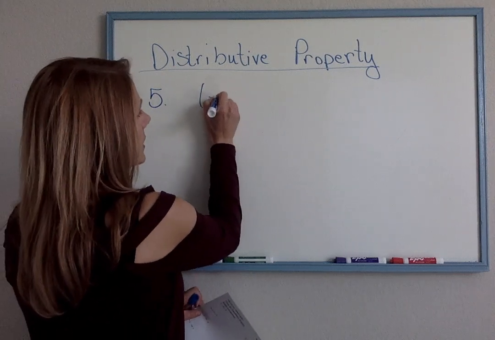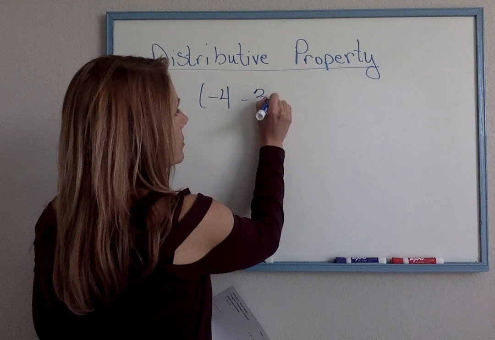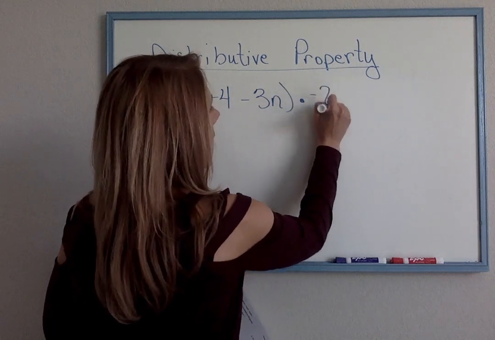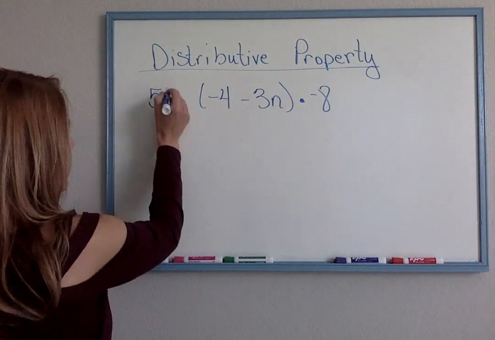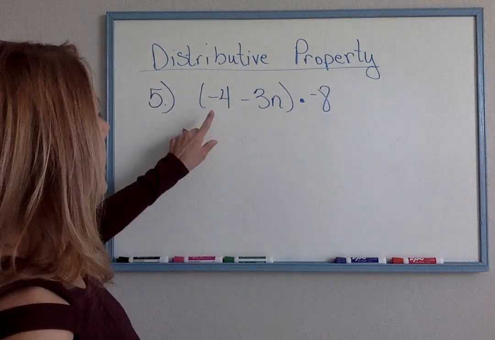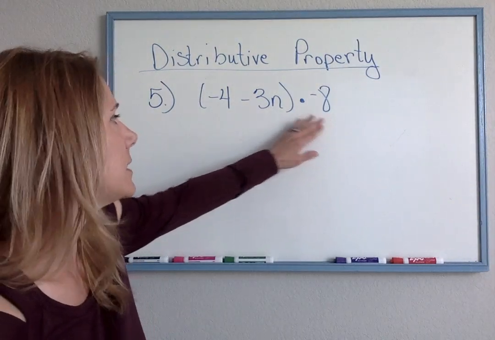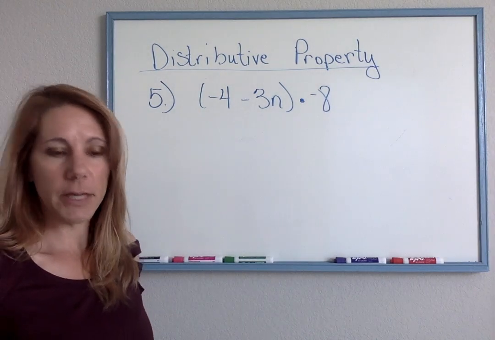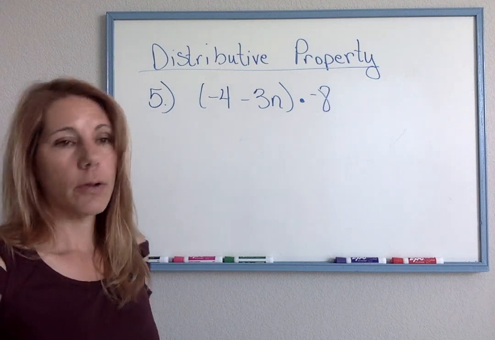You know that you have distributive property when you see these parentheses and then you see something being multiplied by the parentheses, okay? So right here, traditionally, you see the number being multiplied in the front. I'm choosing to do number 5 because I don't want you guys to get confused when the number's in the back, okay?